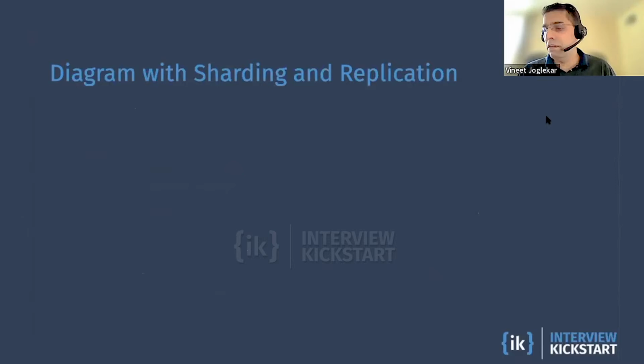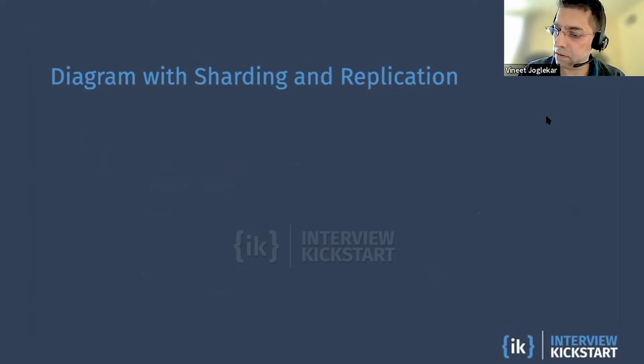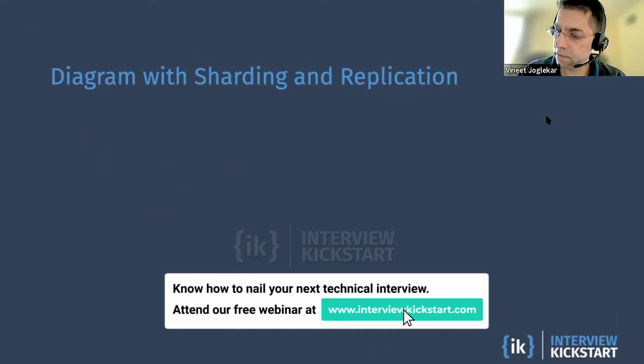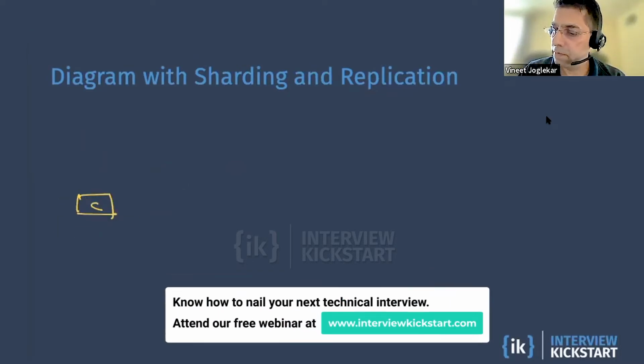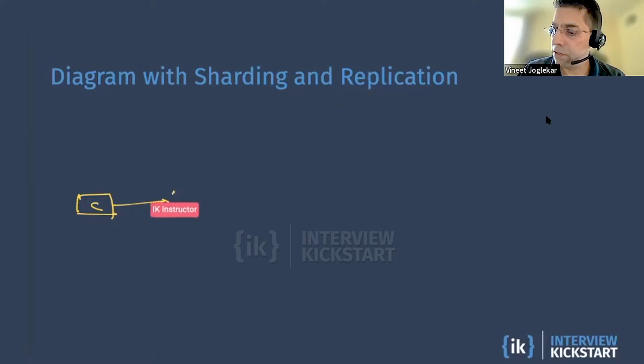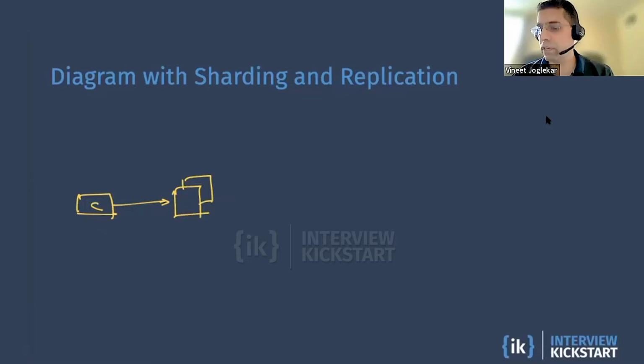After discussing all these things, you can put them together in a diagram, which doesn't look like the first one where there was just one box. Simplistically, I have some client which talks to a central proxy or router, and the client only talks to that.